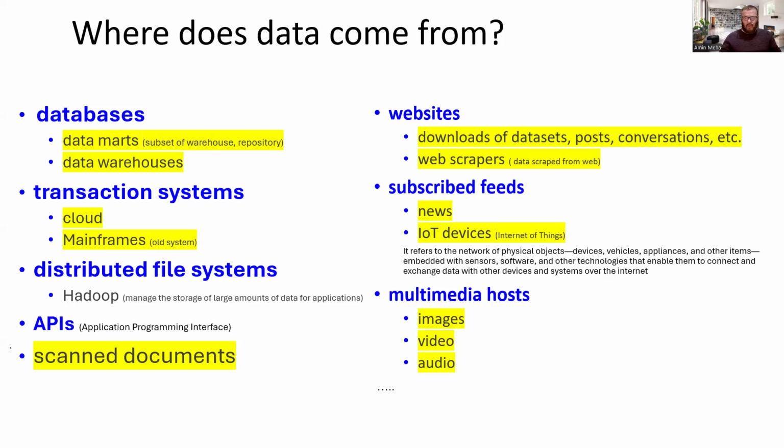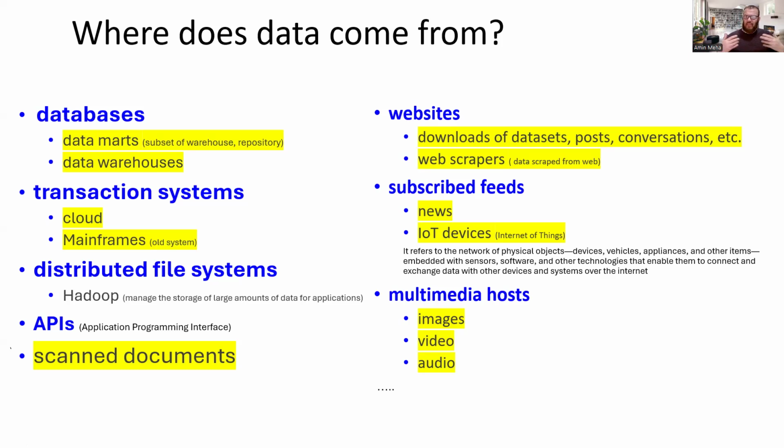It's data too. We have data from websites. It can be posts, it can be conversations, it can be web scrapers, data scraped from the web, for instance. We have subscribed feeds, like the news, which is a type of data.